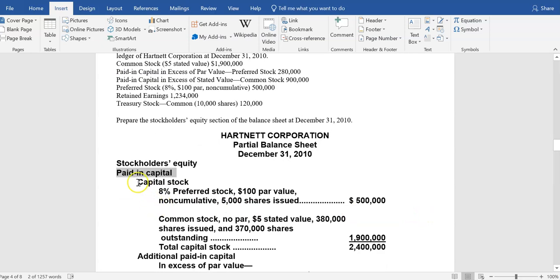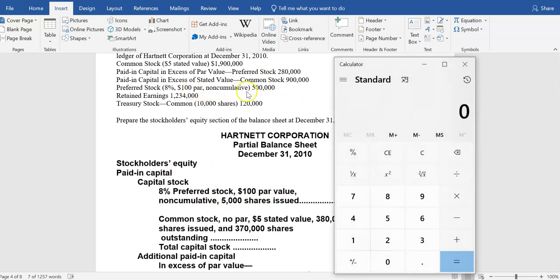Within paid-in capital, we have capital stock. The preferred stock is first. So here we have 8%, $100 par value, non-cumulative preferred stock. How do I know that 5,000 shares have been issued?